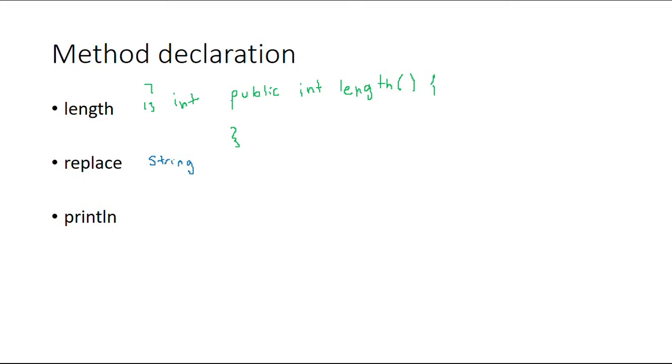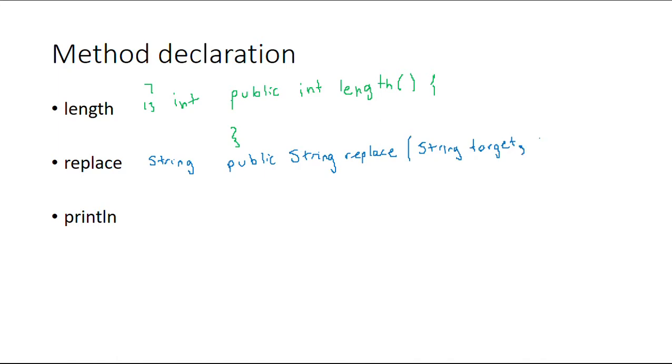So if you're guessing, yes, we're gonna use public. String goes with a capital letter because it is a class. And we're gonna call it replace. Here we have two parameters. The first one is a string, and I'm gonna call it target, as the thing that the method is gonna look for.